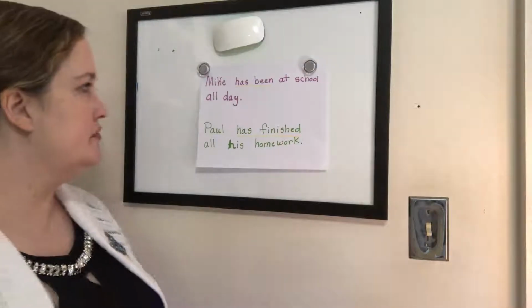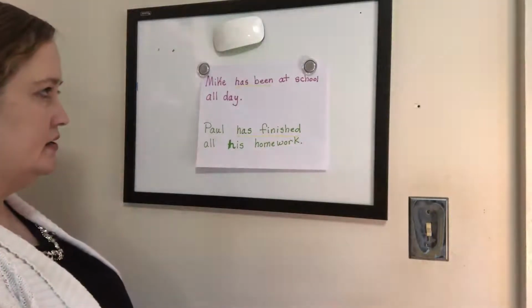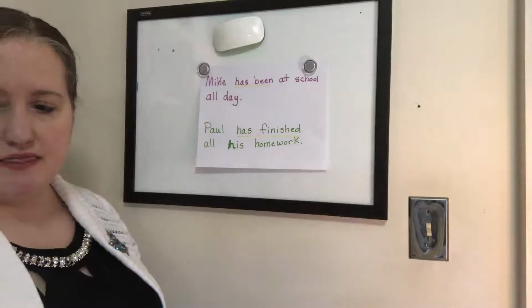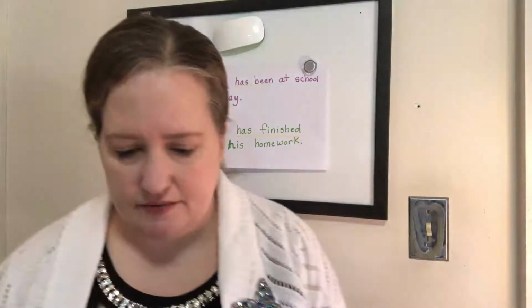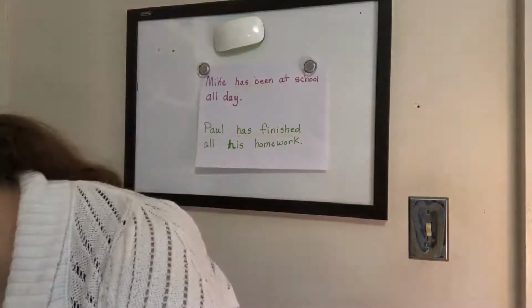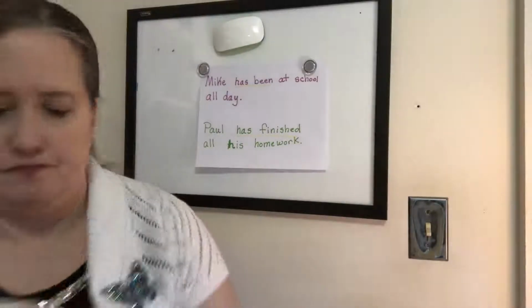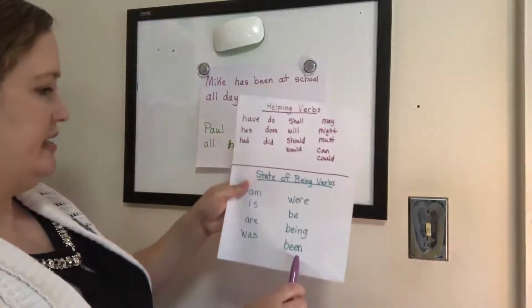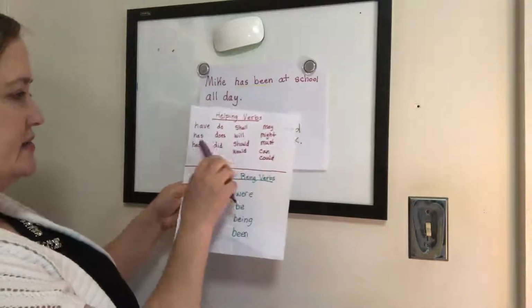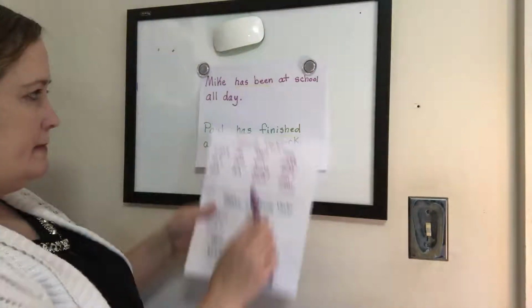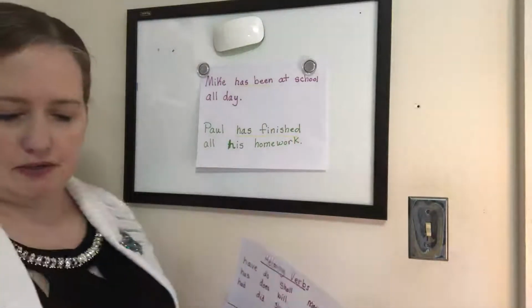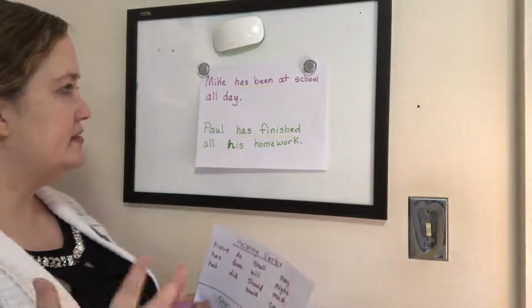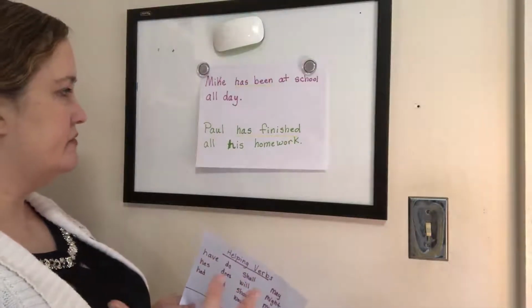Has is the helping verb. Been is the state of being verb. And where is my state of being? Here we go. Been. So has is a helping verb. Been is the state of being verb. So has been is the state of being verb.